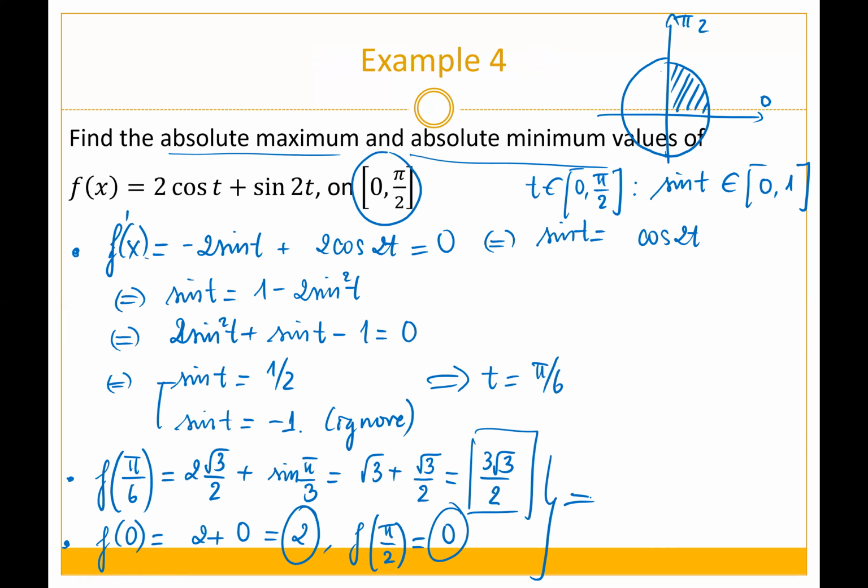So our conclusion is that there is an absolute minimum at x equals pi over 2, and the minimum of f is 0.